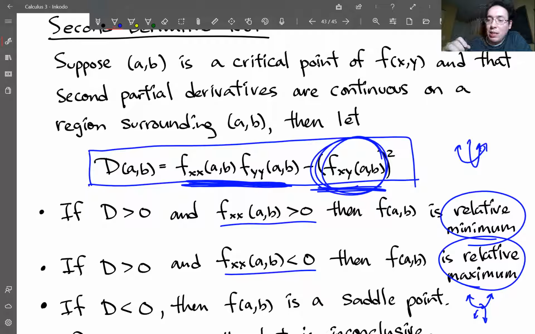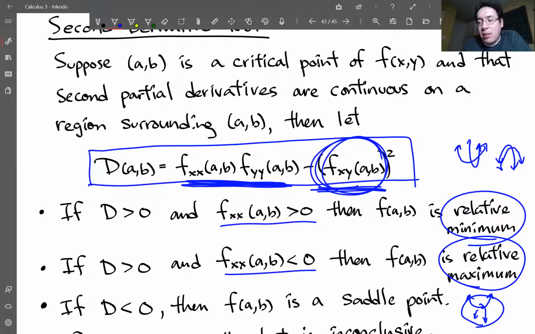So in both directions, you're concave up. So it makes sense that this is a local minimum. If they're both negative, then there's a little hill, and there's a local maximum. And if they disagree, you're going to get this kind of saddle point here.